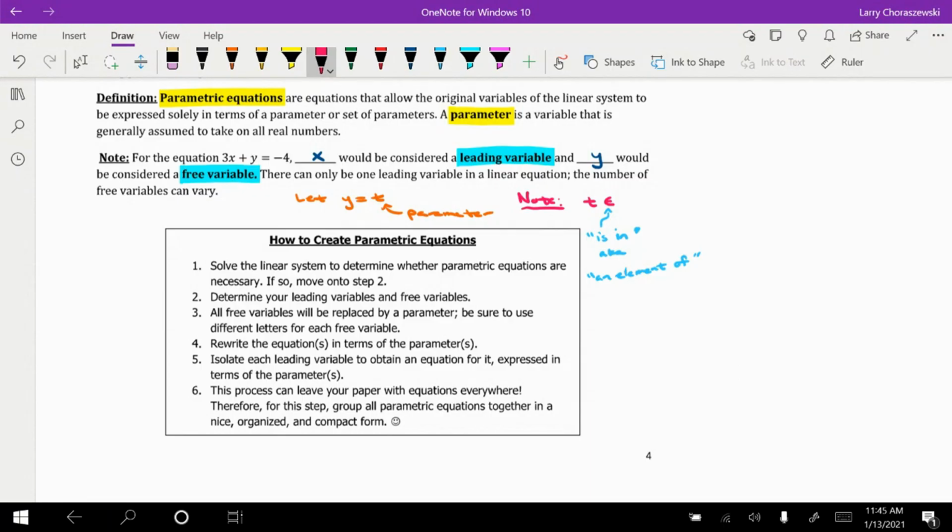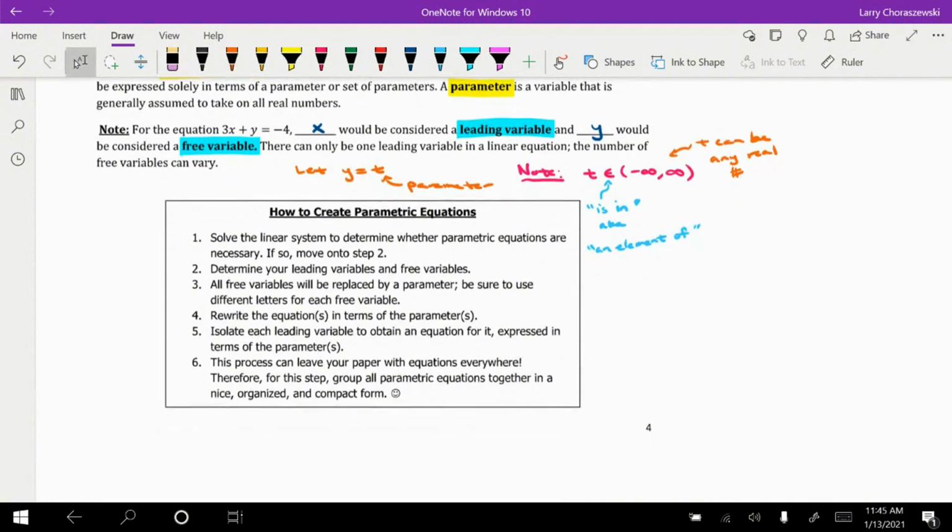And to the right of this is where I'm going to write interval notation for all real numbers. Okay, so essentially what this means is that t can be any real number. And so since t can be any real number, and we write the variables in terms of the parameter t, as we'll see on the next page with the system, that would generate infinitely many solutions. Okay, so the infinitely many solutions in this context comes from the fact that t can be infinitely many numbers.